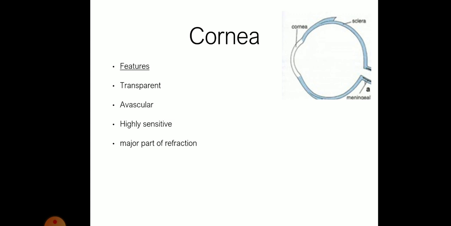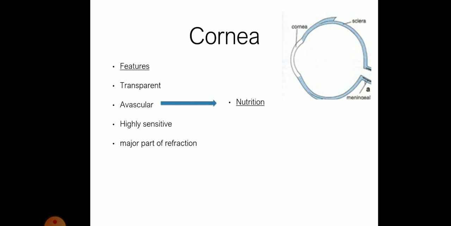Now, if it is avascular, with no blood vessels to supply it, still it has to get its nutrition. So from where is the cornea nourished? When there is absence of blood vessels, there will be more than one source.